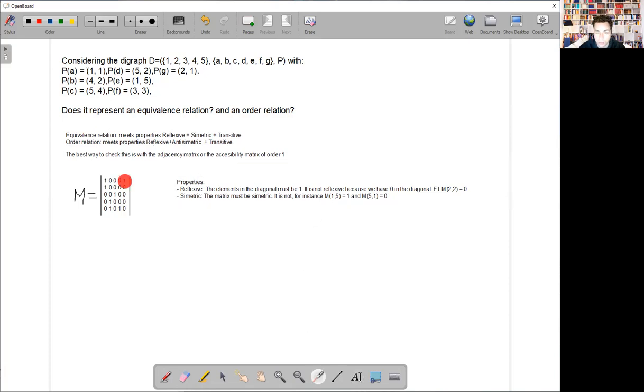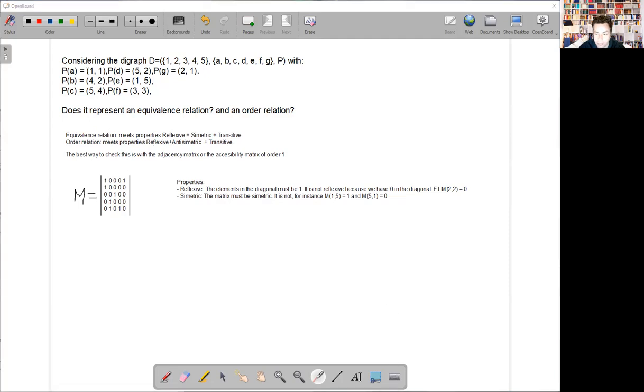The element 1, 5 is equal to 1. It means that there is an edge from the vertex 1 to the vertex 5, but, well, an edge, I mean a path of length 1, but there is not a path of length 1 back from 5 to 1, right? So the matrix is not, and the graph is not symmetric.